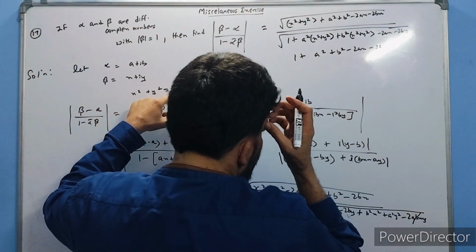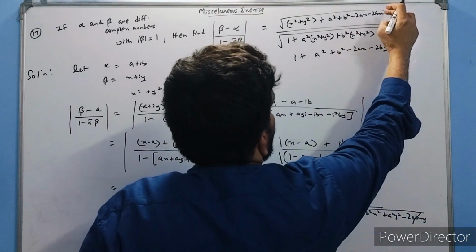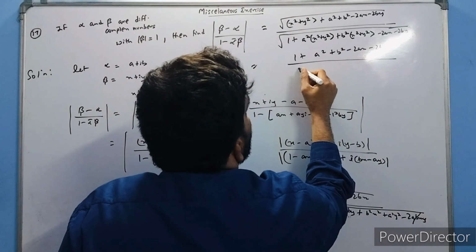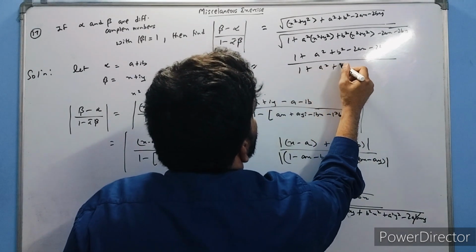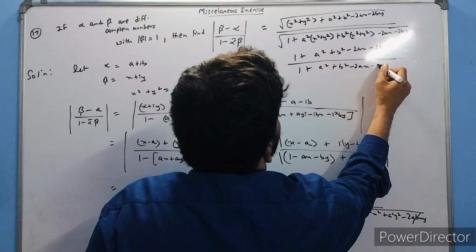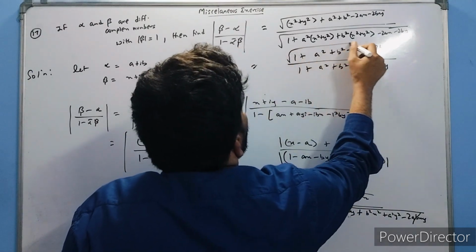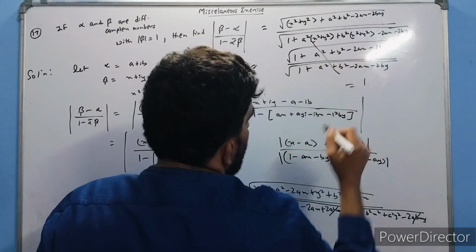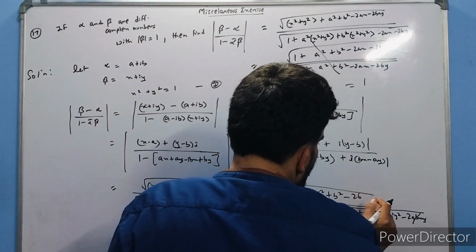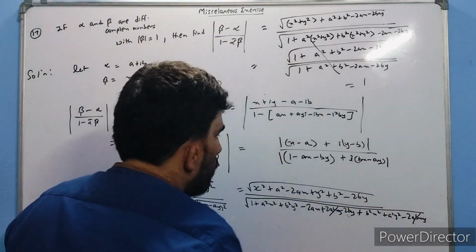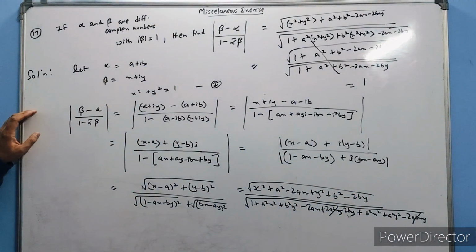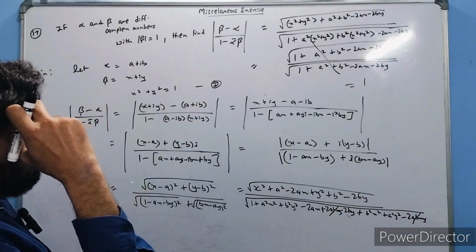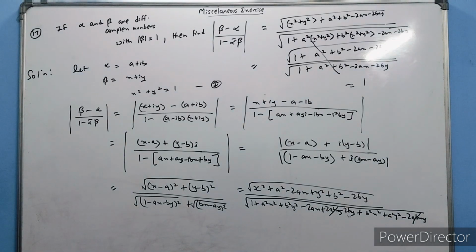I found this the similar one, so I got 1. That is how we try to prove it and find that value. What I got here is 1. So that is how we try to solve the question.